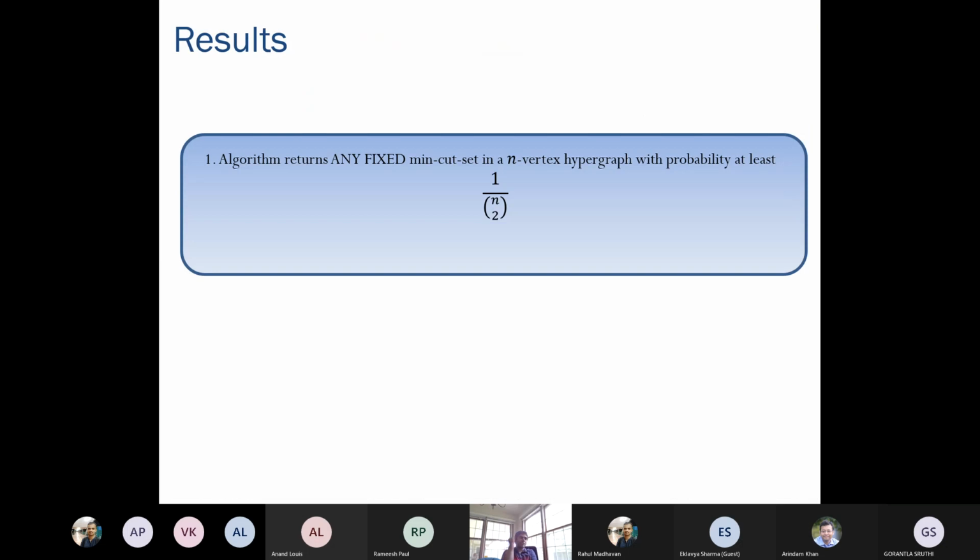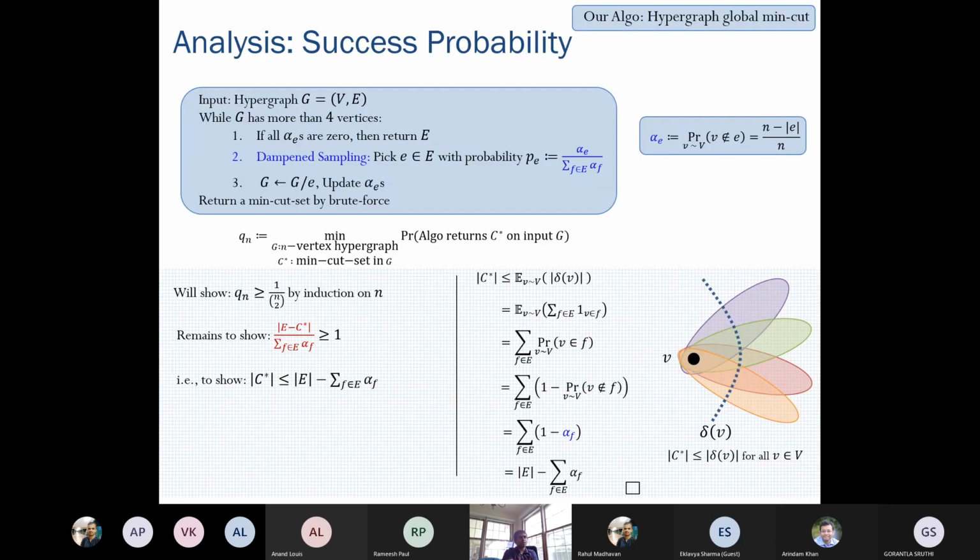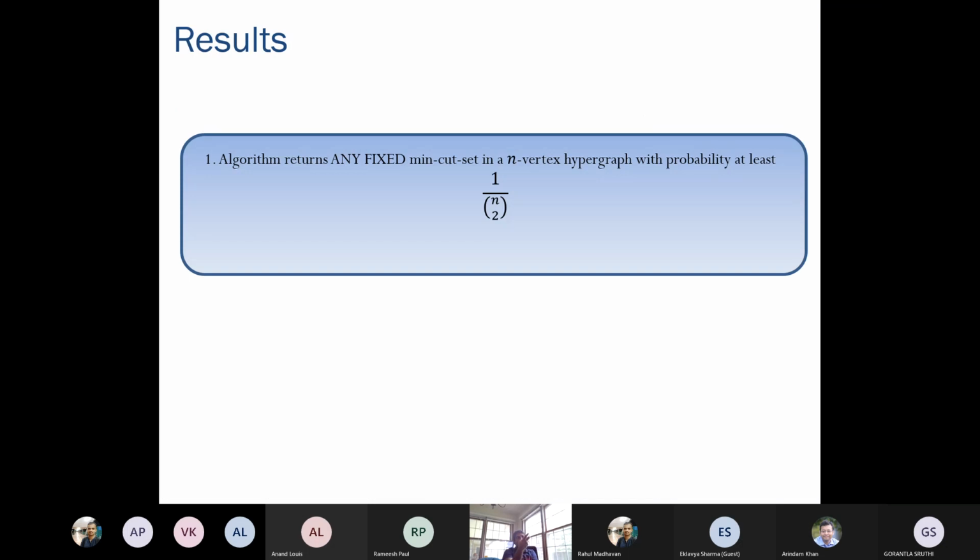Okay, so what we've shown is that this 4-line algorithm solves global min cut with probability at least 1 over n choose 2. It returns any fixed min cut set in an n-vertex hypergraph with probability at least 1 over n choose 2. So repeating this order n squared log n times and returning the best will in fact return a min cut set with high probability.